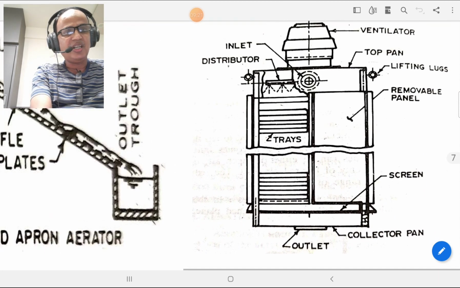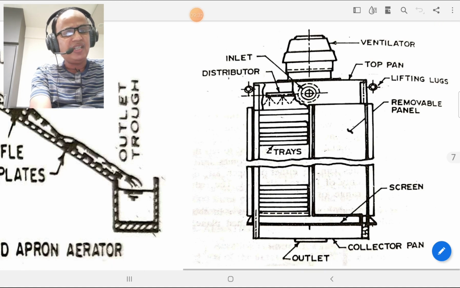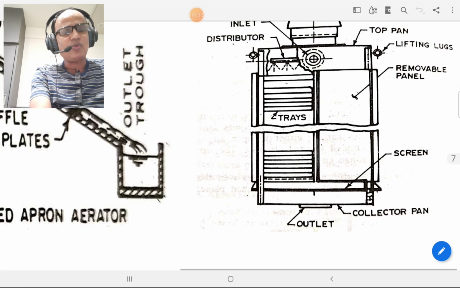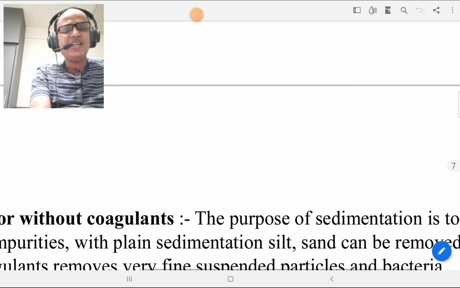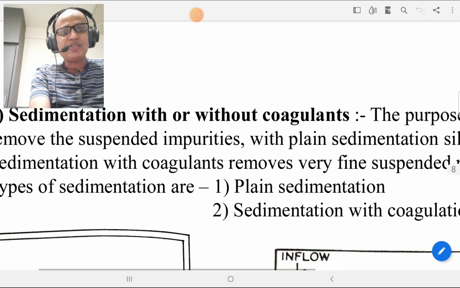And this third one is the air diffusion ventilator. There are lifting lugs and removable panels. Several trays are placed and there is a collector plan also, and there is an arrangement of inlet and outlet. These three types of aerators are used for aeration purposes.